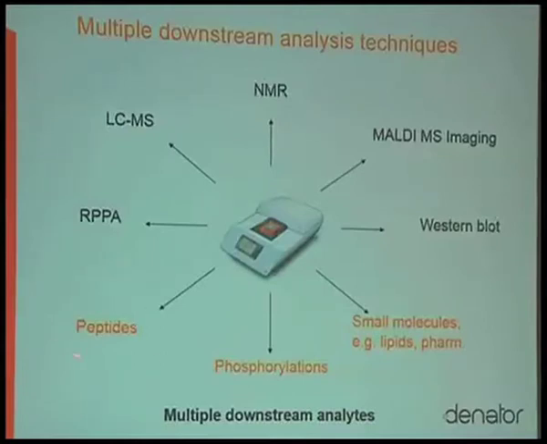We've primarily focused on peptides and protein phosphorylations. Those are the classes of molecules where we see the change is most abundant following postmortem sampling. There are examples of proteins which are also degraded, but generally proteins are not degraded as rapidly as phosphorylations and peptides. We've also started to move into lipids, small molecules like pharmaceuticals, and so on.